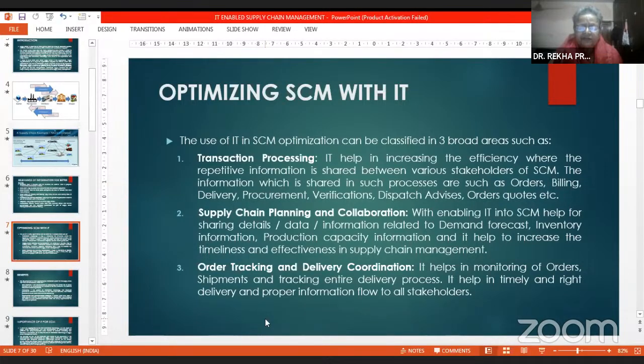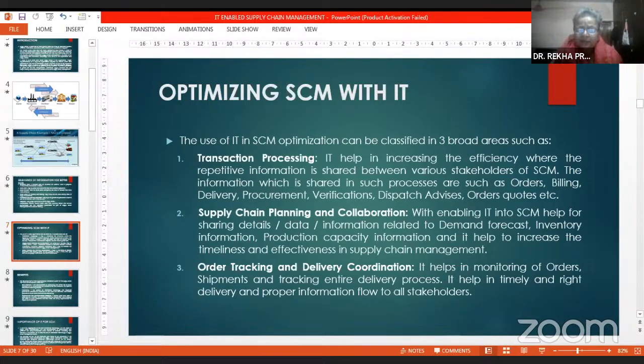The information shared in such a process includes orders, billing, delivery, procurement, verifications, dispatch activities, order codes, etc. So these transactions, how things are moving, how the transaction is taking place.